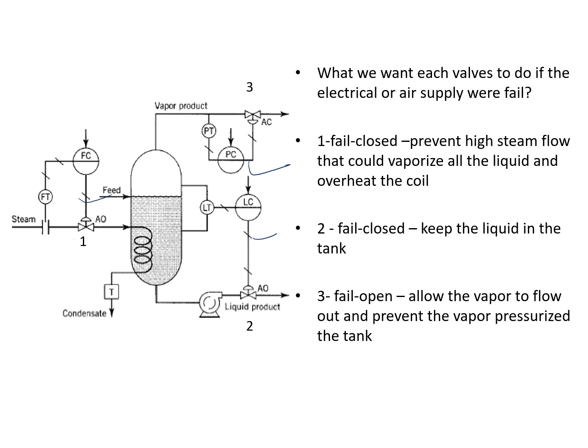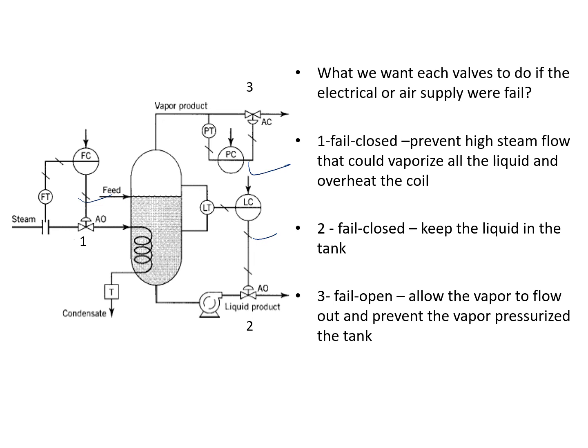So for example, if the electrical or air supply fails, for the flow control system, logically we don't want an excessive amount of steam entering the heating coil, right?